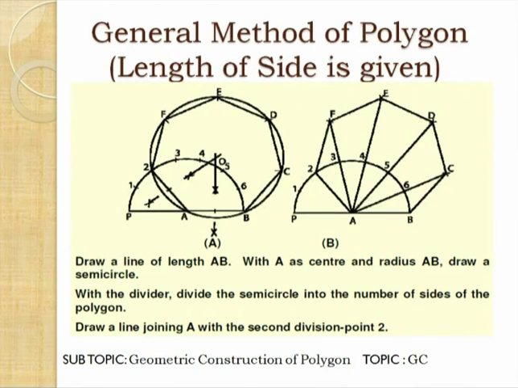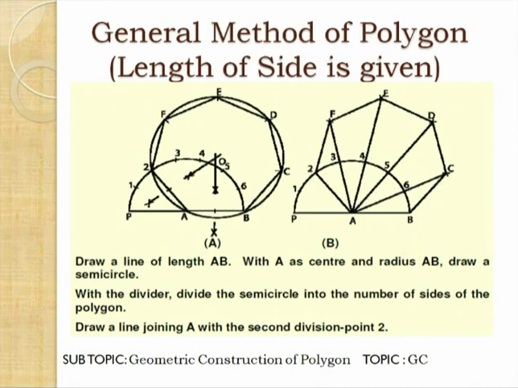Then you join A with part 2 and you bisect lines A2 and AB, which will intersect at point O. With center O, you draw a circle passing through points A, B and 2.